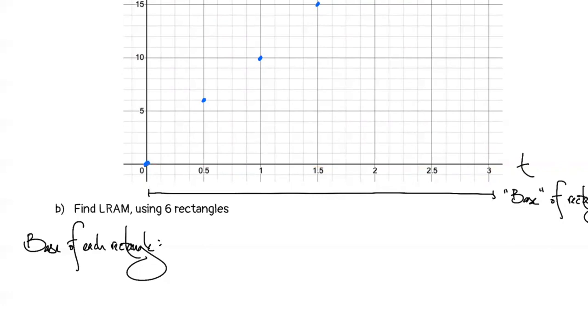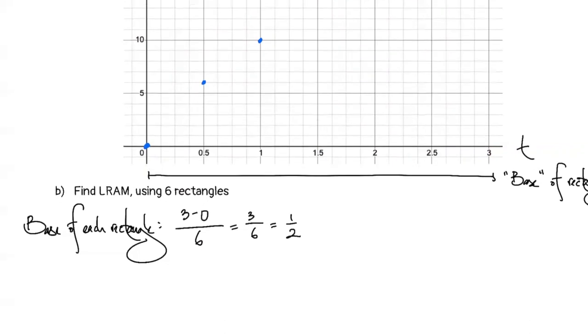In this case, my interval would be 3 minus 0. And I want to take that length and cut it, so divide, into 6 equal rectangles. With a little bit of mental math, I get 3 over 6, and if we reduce, we've got 1/2. That means the base of each rectangle we're going to draw here has a length of 1/2.